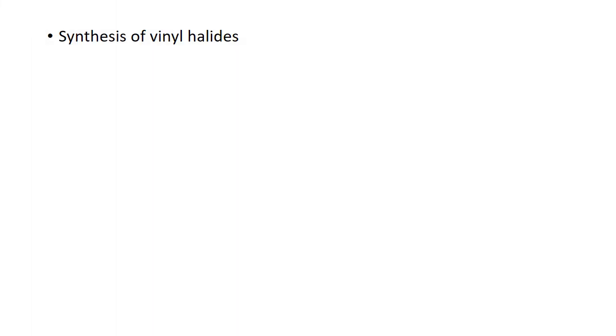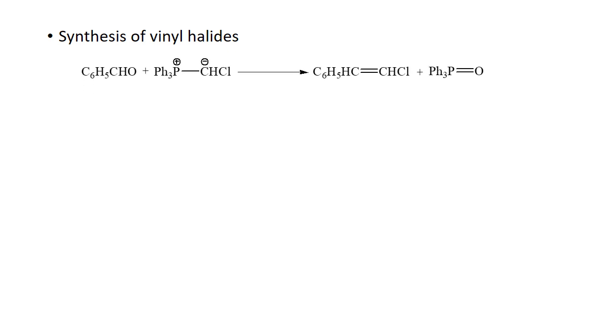Moving forward, another application is the synthesis of vinyl halides. For example, if we have benzaldehyde reacting with this reagent, this Wittig reagent can be prepared when triphenyl phosphine is treated with a chlorocarbene.